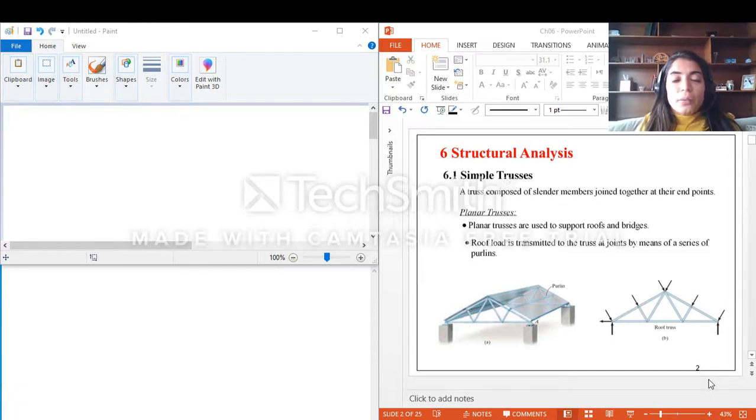Now, guys, I want you to first of all recognize the difference between a truss and a frame. In the trusses, I don't have any force on the member.